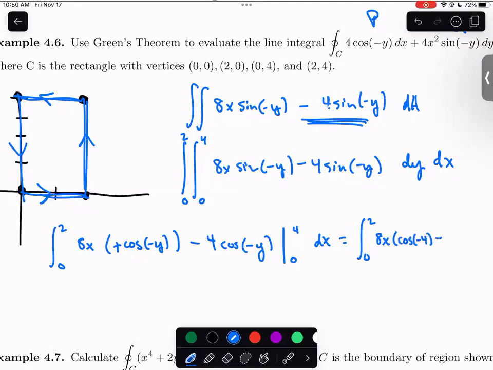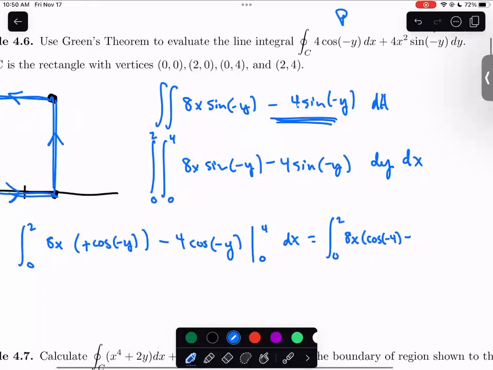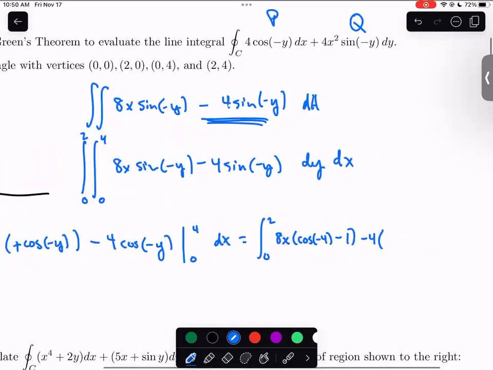And when I plug in 0 for y, I'm going to get cosine of 0, which is 1. Same sort of deal: cosine of negative 4 minus, when I plug in 0, cosine of 0 is 1.